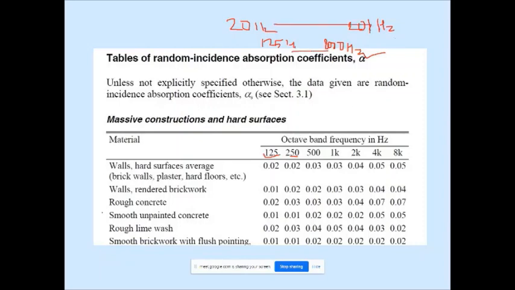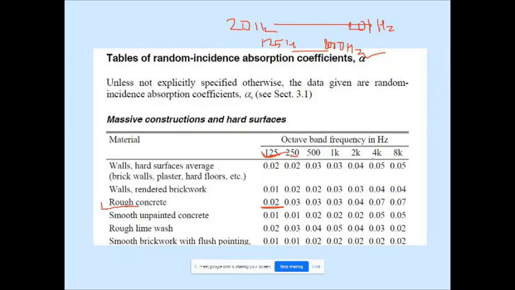Now let's try to look at rough concrete and the sound absorption coefficient. For 125 Hz frequency of sound, we have 0.02, that is the sound absorption coefficient. That means only 2% is getting absorbed, 98% is getting reflected back.